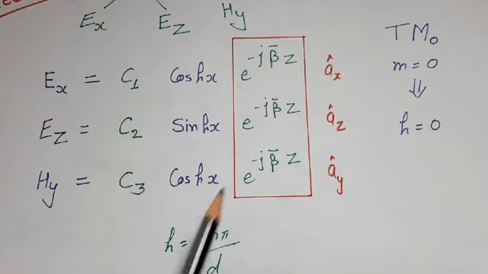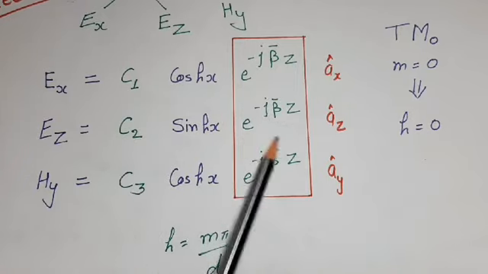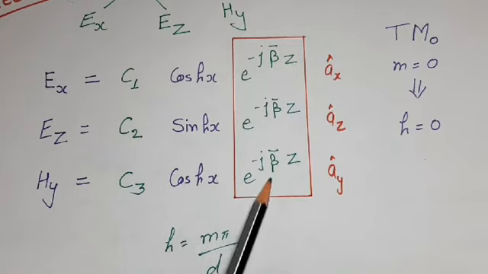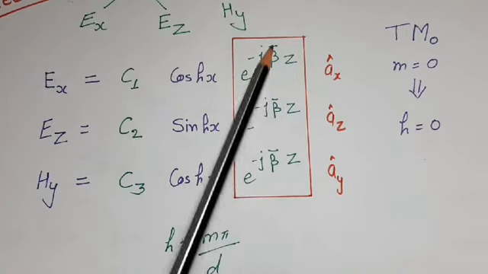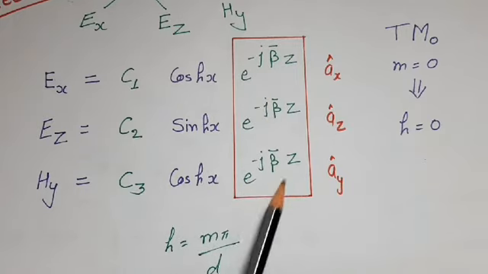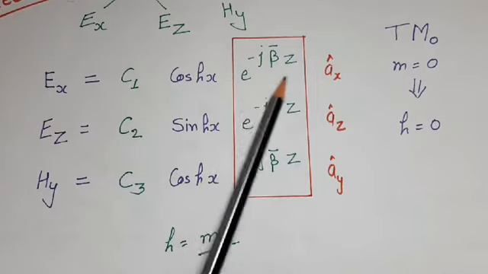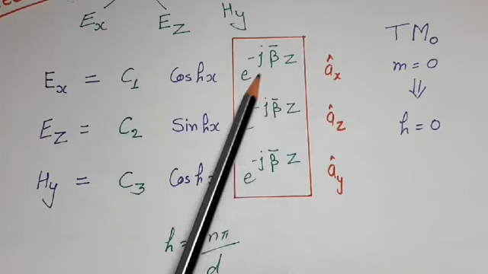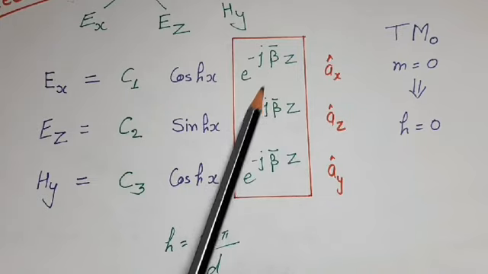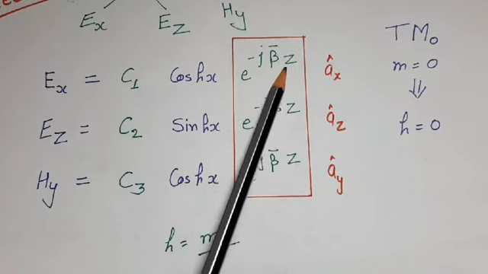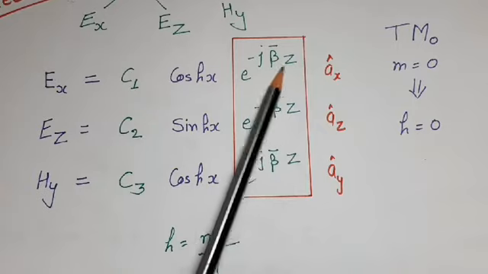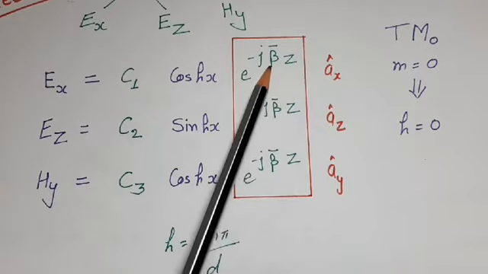Because e power minus j beta bar z is contained by all these field expressions and it is independent of the value of m. And this e power minus j beta bar z term indicates that there is a sinusoidal field variation in z direction with wavelength lambda g, which is equal to 2 pi upon beta bar.